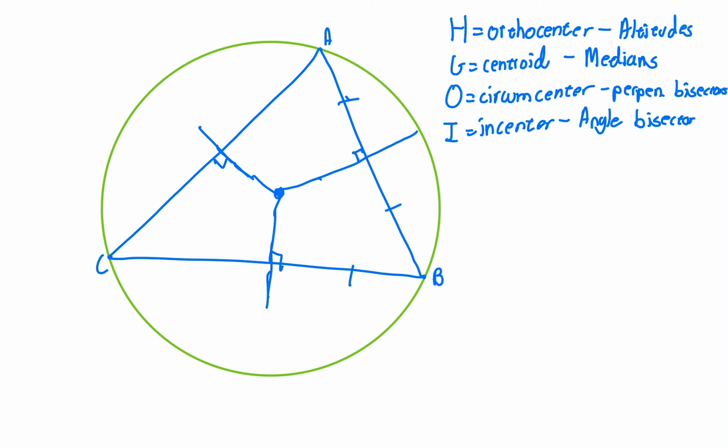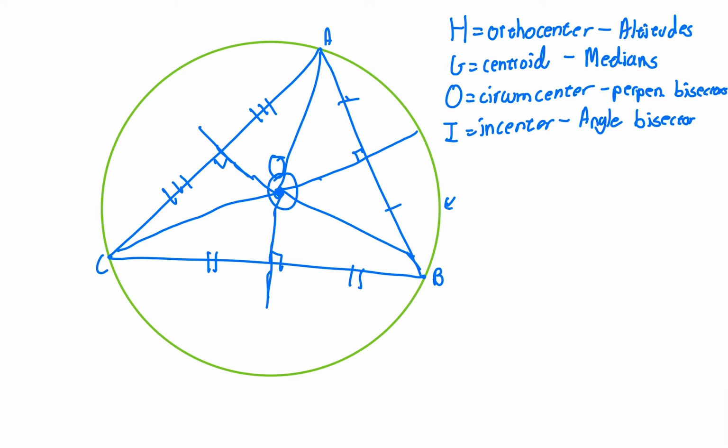Those 3 perpendicular bisectors meet at a point, and that's called the circumcenter. This is the center of the circle passing through all 3 of those points. The distance from O to each of the vertices is the same because it's a circle, and that's called the circumradius.